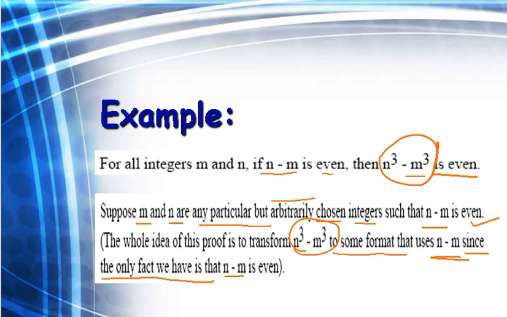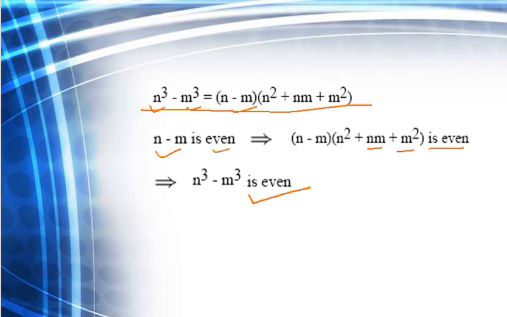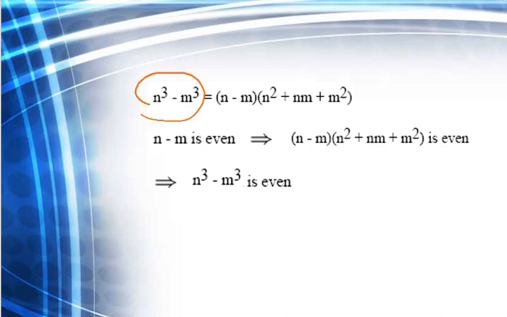This is the only fact here. Now you can see in the next slide what is written. (n minus m) cube we can write like this, and you are very familiar with that, right?